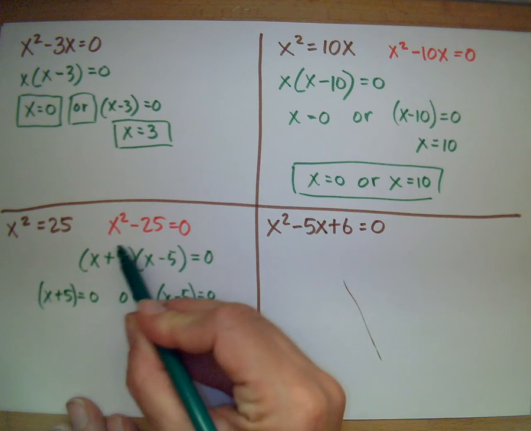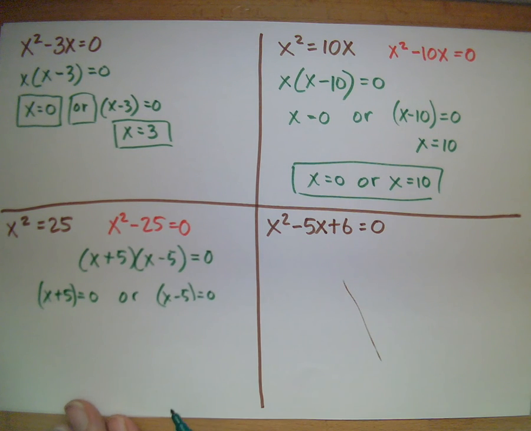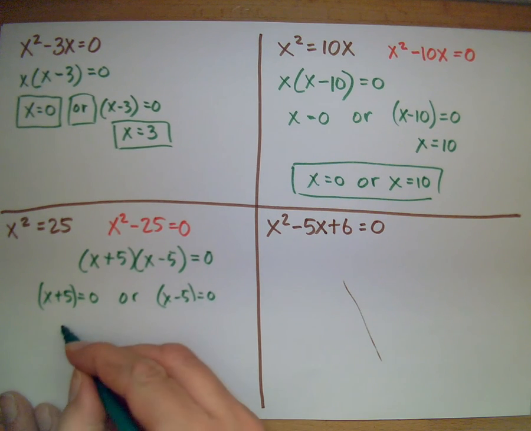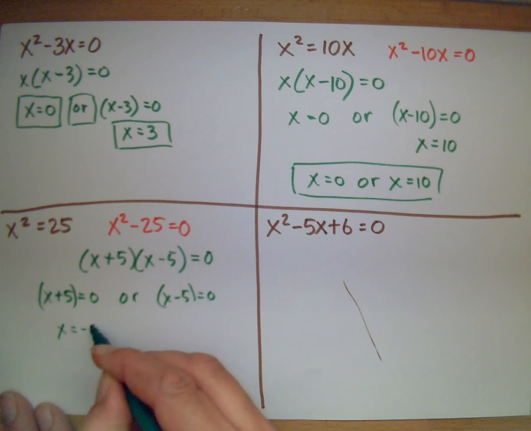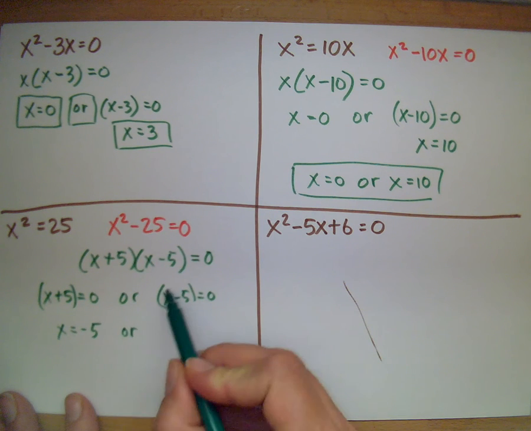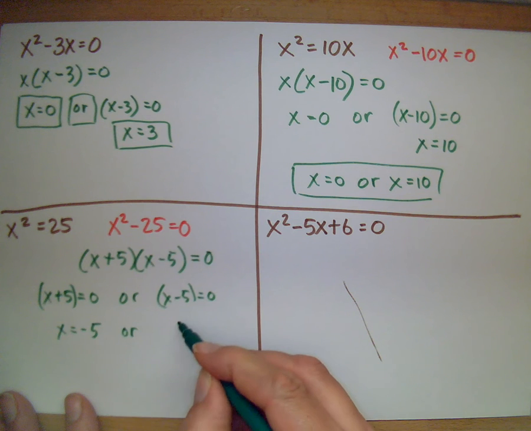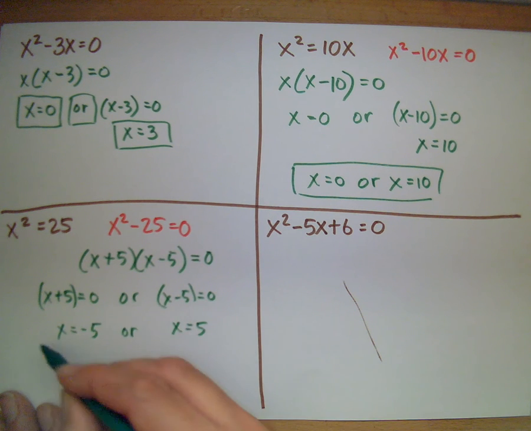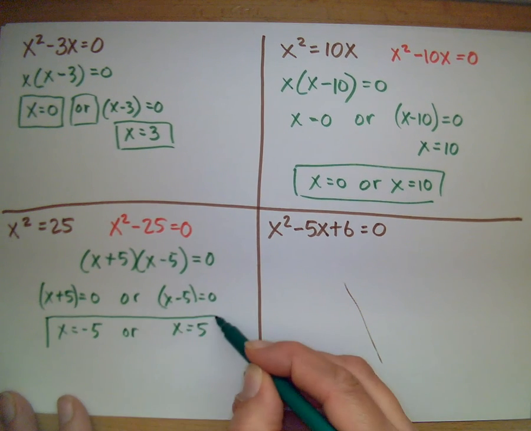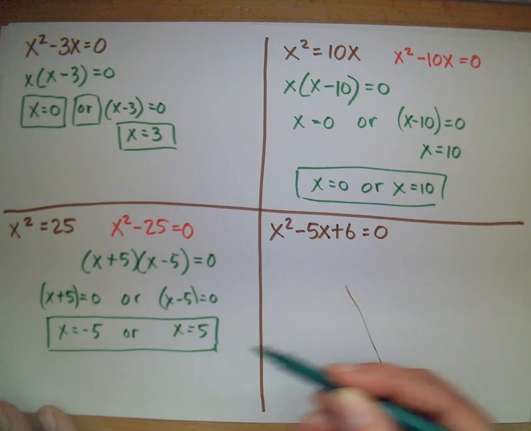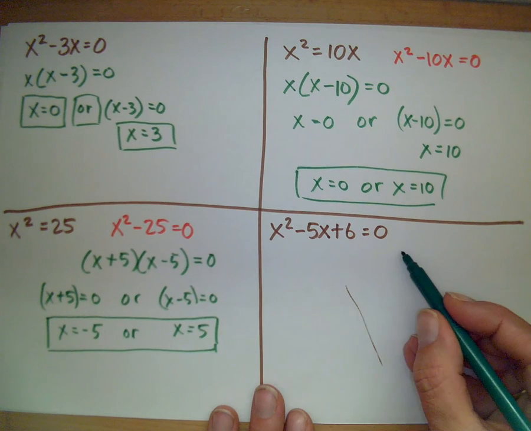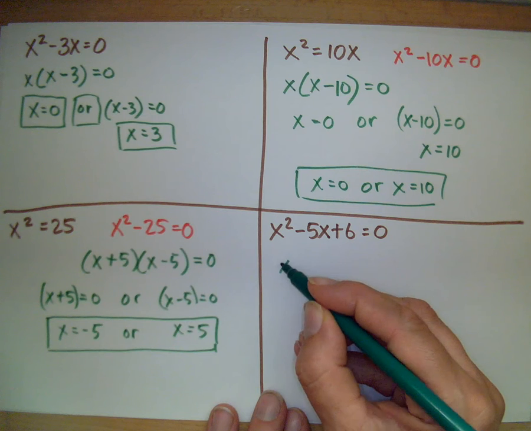Right? Either this factor or that factor is equal to 0. If this factor is equal to 0, then x equals negative 5, right? If this factor is equal to 0, then x is equal to positive 5. That's our answer.